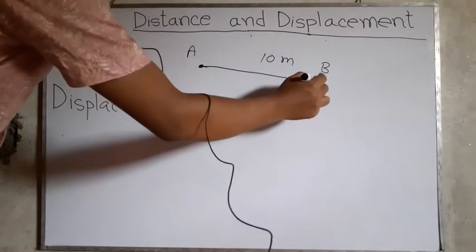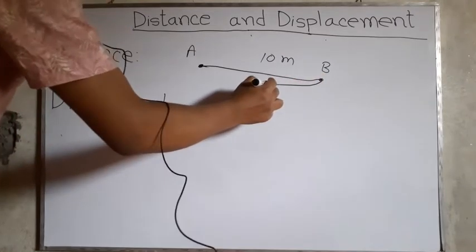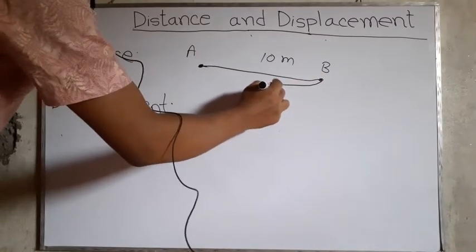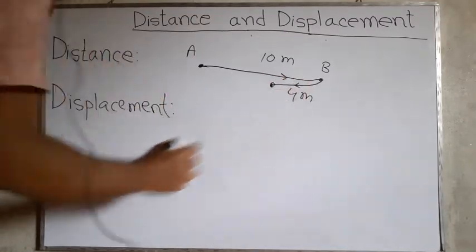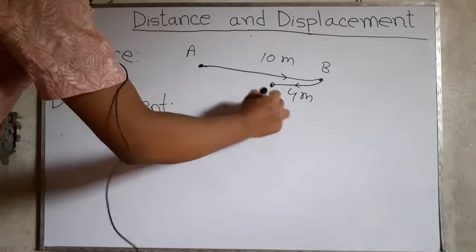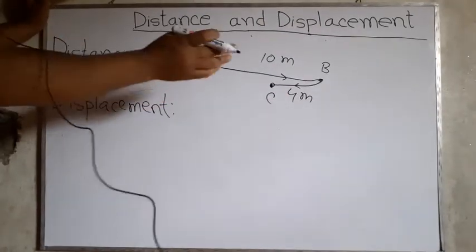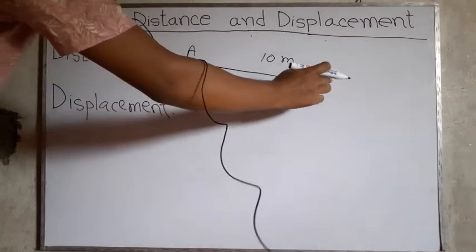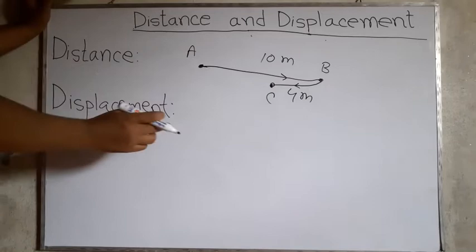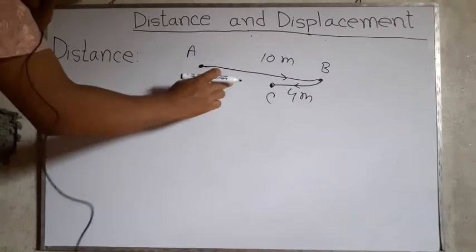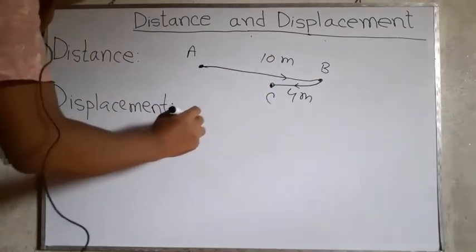And after returning back, you are moving 4 meter. This position is C. Now your final position is C, from A to B and B to C. The total length of the path followed by you is 10 meter and 4 meter.